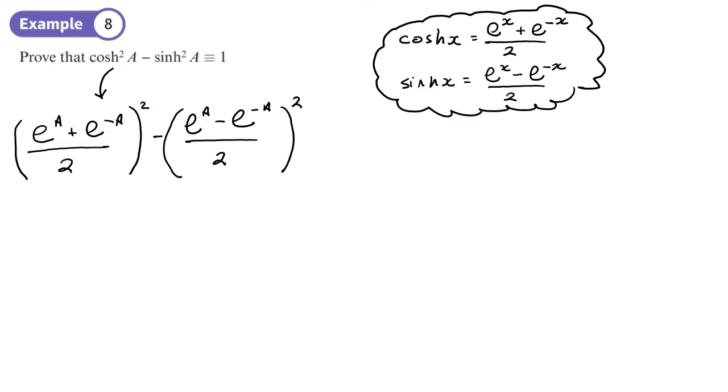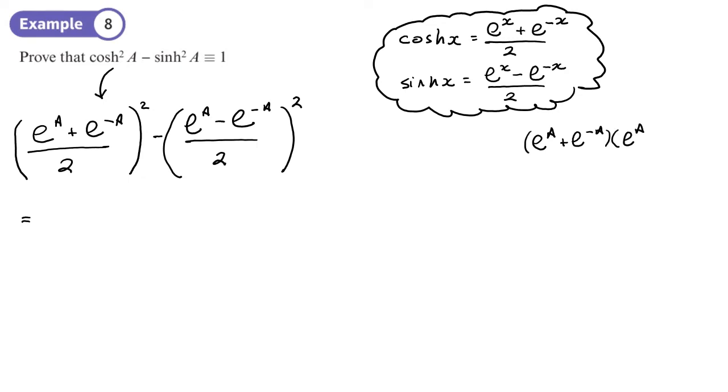Right, now if we're going to square that, the bottom is going to become 4, and for the top we need to multiply the numerator by itself. So basically e to the a plus e to the minus a times itself, like this.